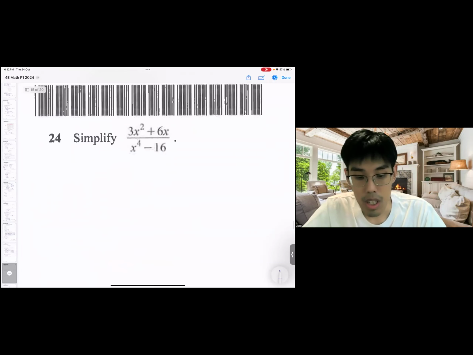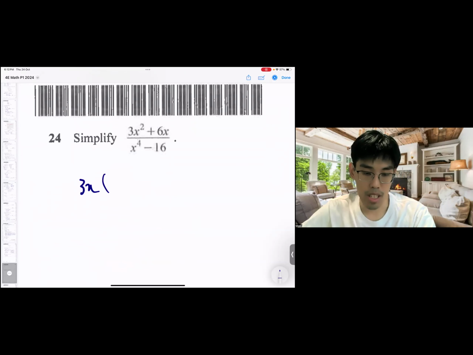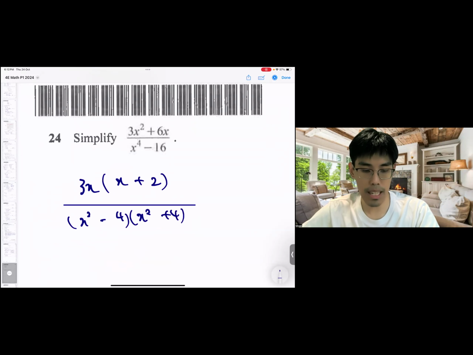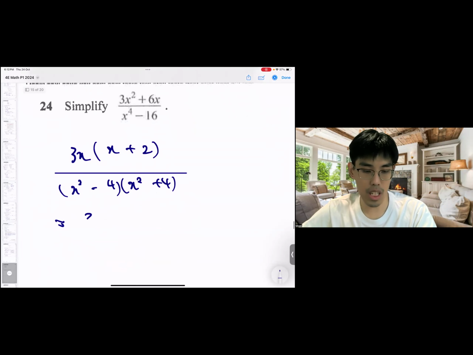Later then I do. 3x squared plus 6x over x squared minus 16. Okay, fair enough. I factorize out 3x. So I will be left with x plus 2. This one is x squared minus 4, x squared plus 4. Then I push further.